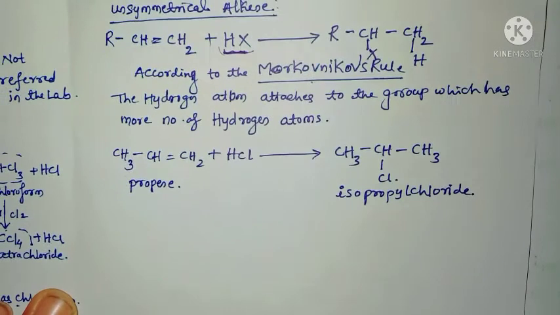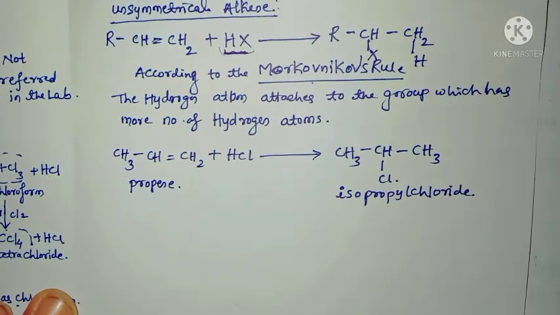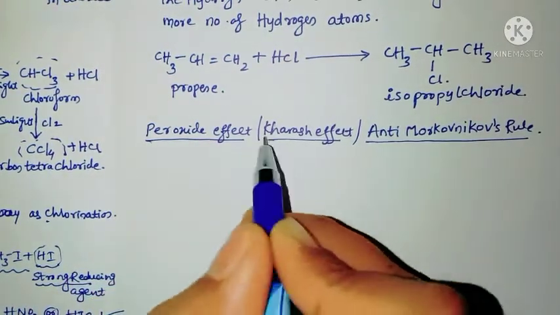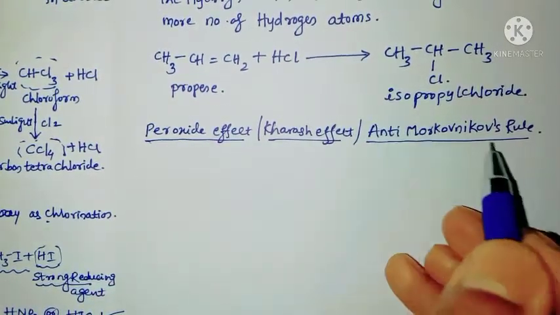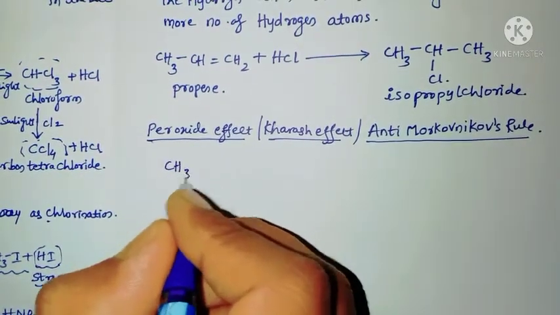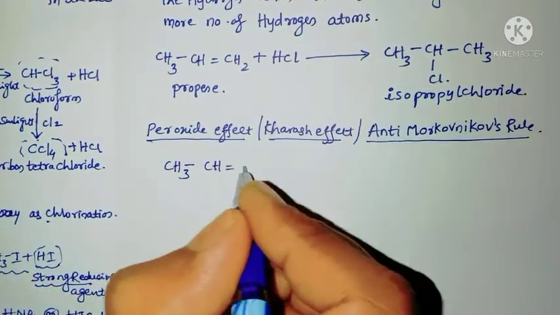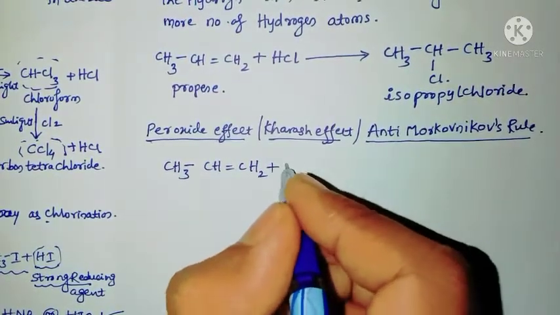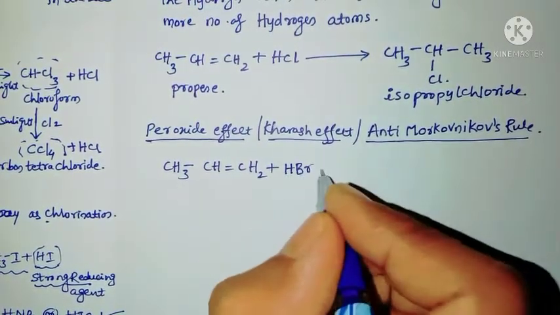One more thing comes here, that is the peroxide effect, or Kharasch effect, or anti-Markovnikov's rule. I will take the same example here, CH3 CH double bond CH2 plus HBr, addition of HBr.